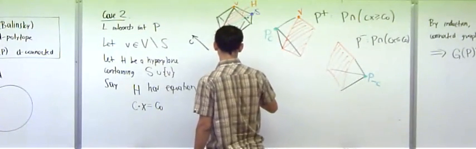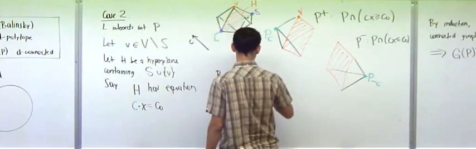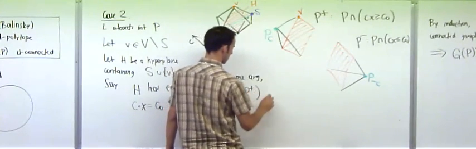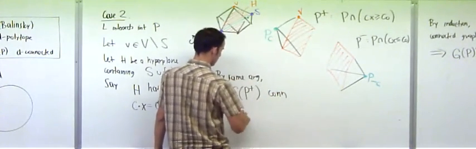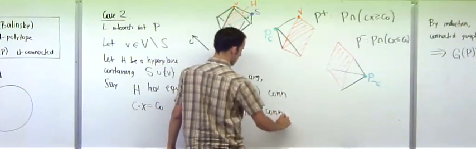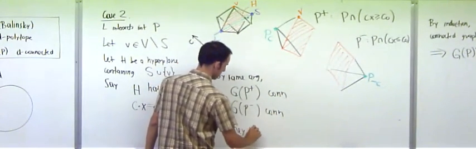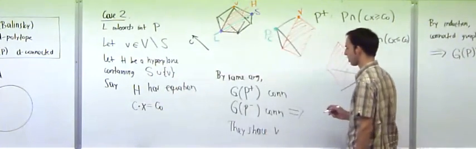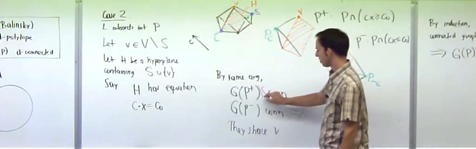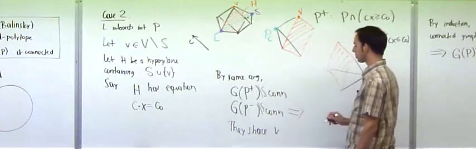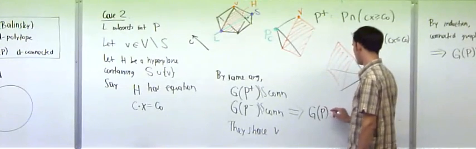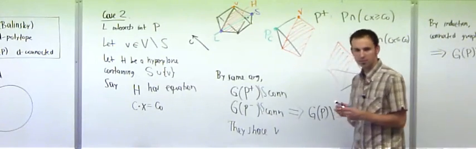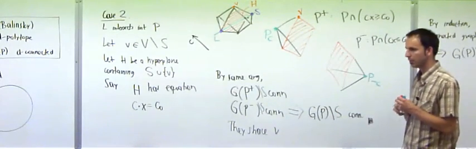So by induction, by the same argument, the graph of P plus is connected, the graph of P minus is connected, and also they share V. And I should say, with S deleted, right? With S deleted. And so this graph with S deleted is connected. And that's the end of the proof. Okay?